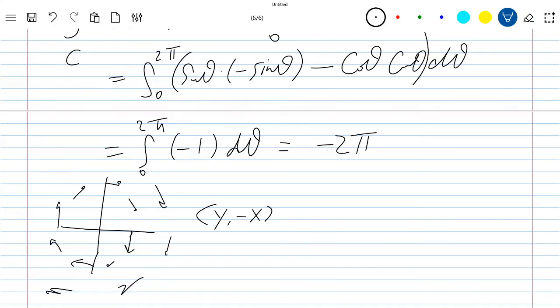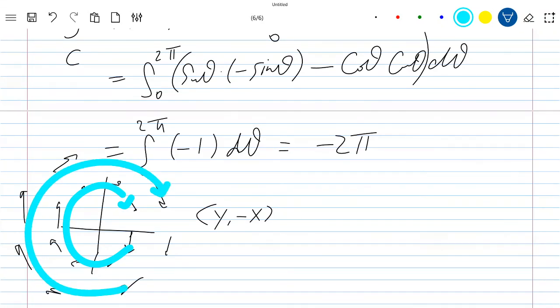Something like that. Okay, so if you trace it, you will see it's going along that. So what does that mean if you integrate along this circle?